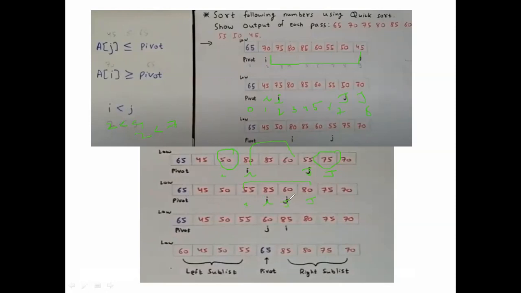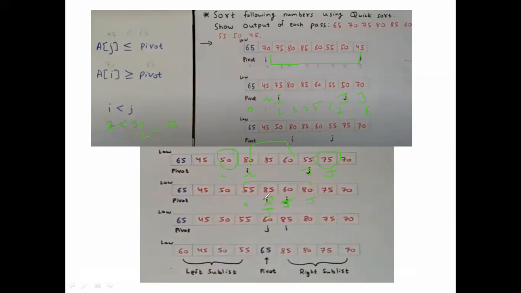The j value is 60. 60 is less than the pivot, you can stop here. So i and j are there.